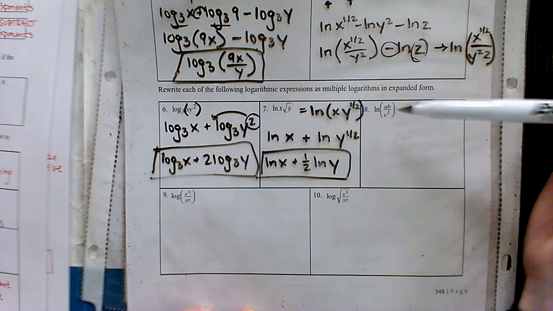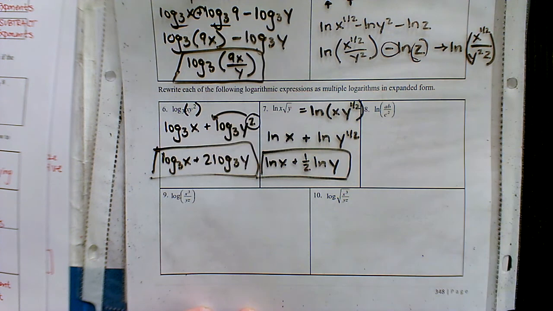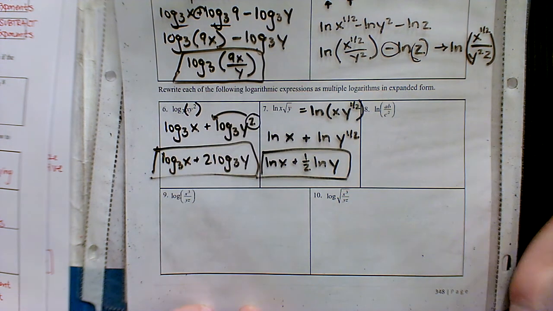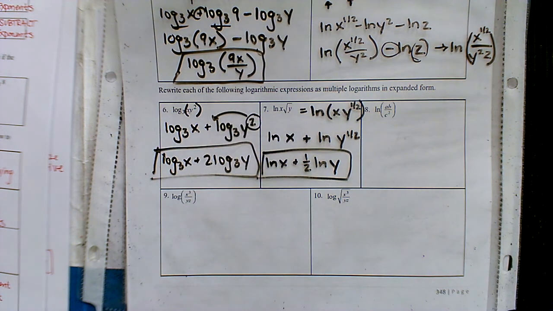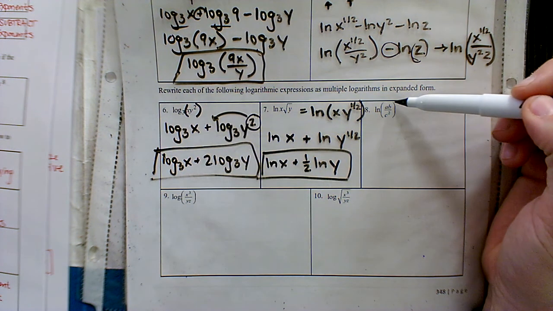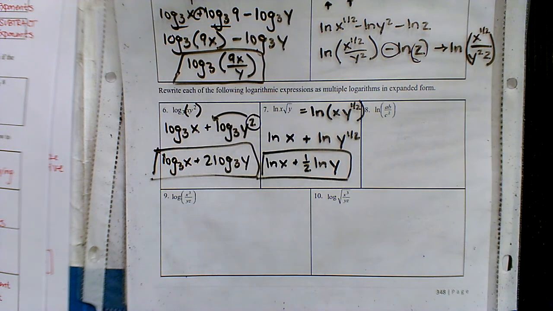Can we perhaps list what's being done within the log? We have 2 things. We have something being multiplied and something being divided, so that means we should probably anticipate an addition and a subtraction. The question is, between those 2, which one is more overall present in the entire argument?